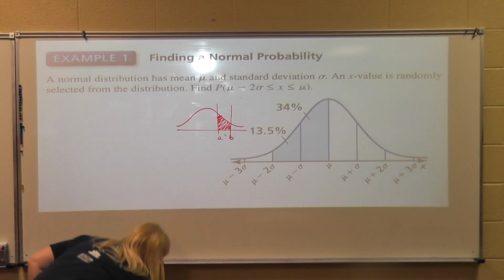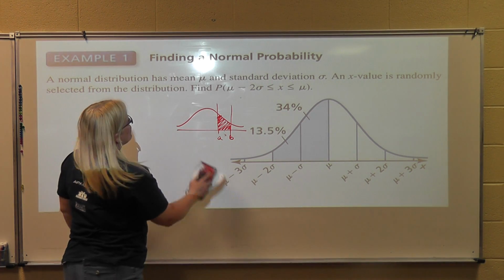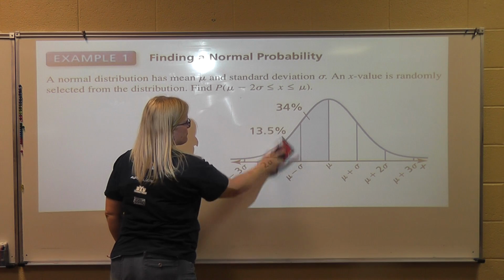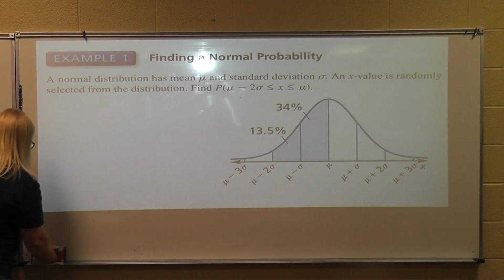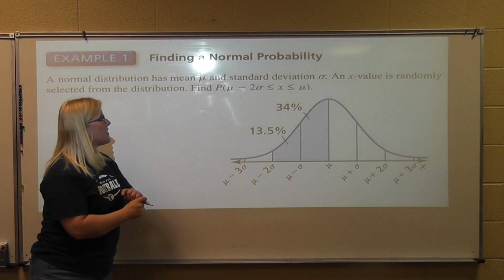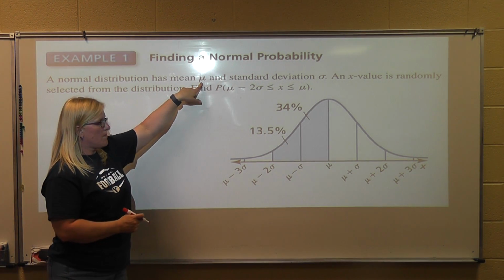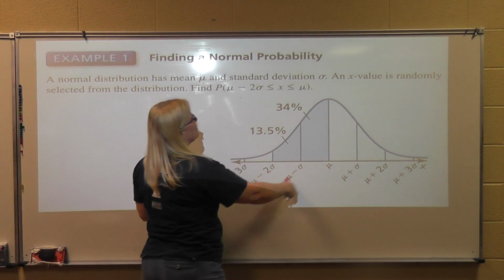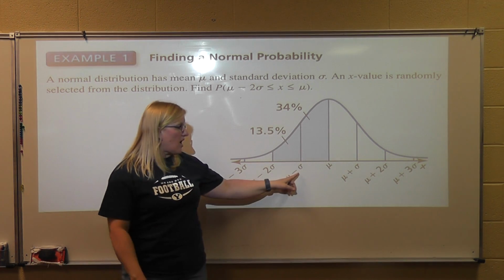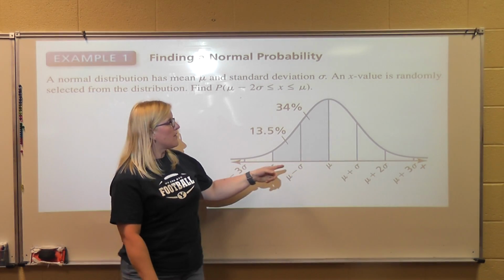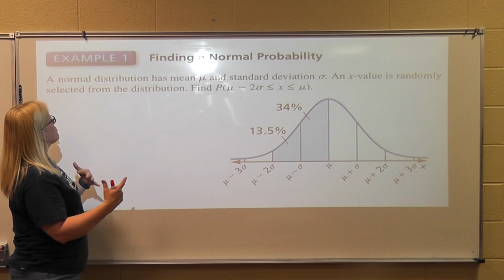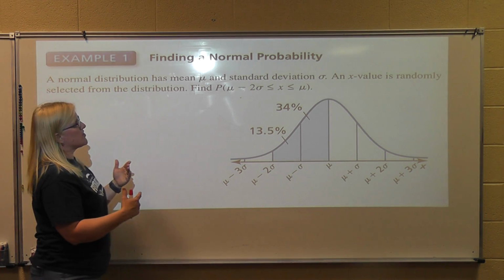All right, so finding a normal probability. You're going to go, wow, that's really easy. Okay, so a normal distribution has mean mu, right there, right smack in the middle, and standard deviation of sigma. And an x value is randomly selected from the distribution.